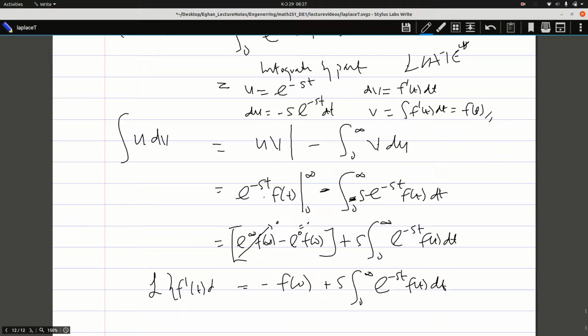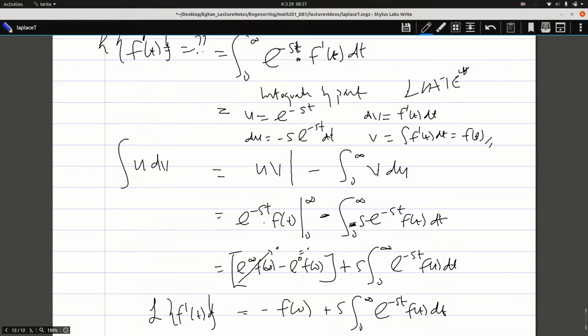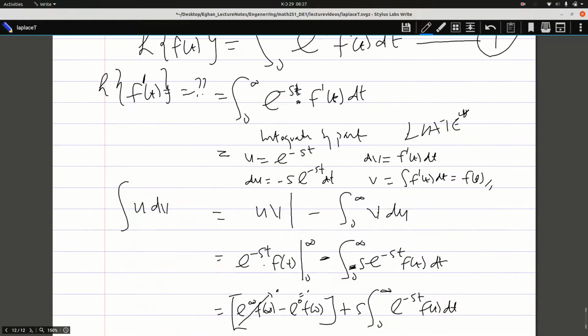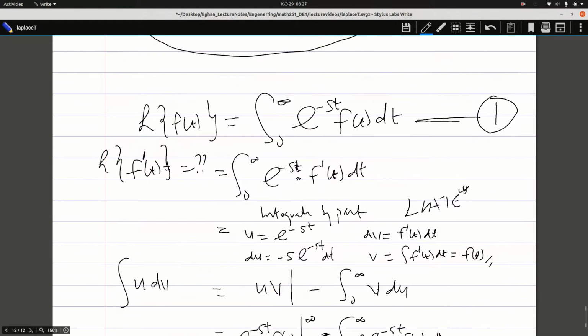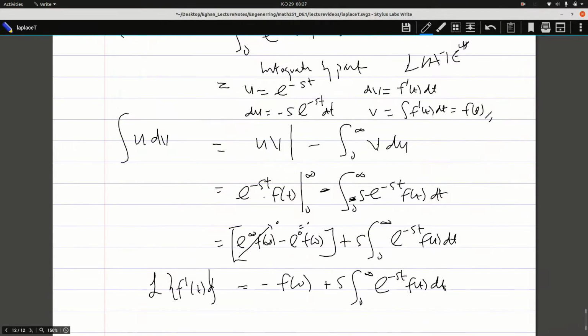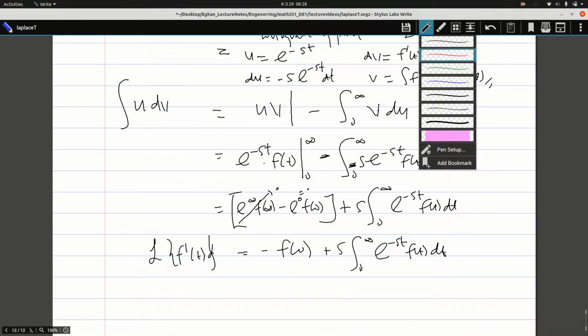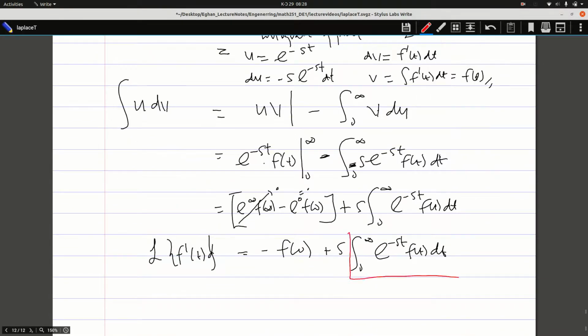So the question is, can you redo a substitution? You realize that from equation 1, it is what we are seeing here. Let me change the pen. This entire expression here is the Laplace transform of f of t. That is from equation 1.